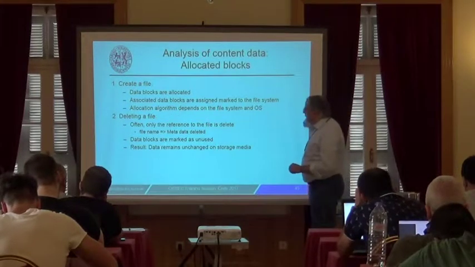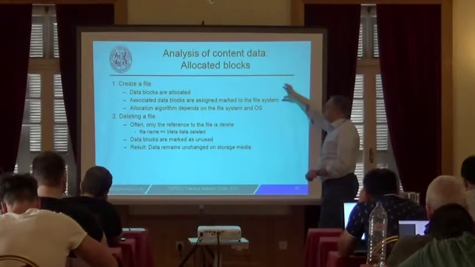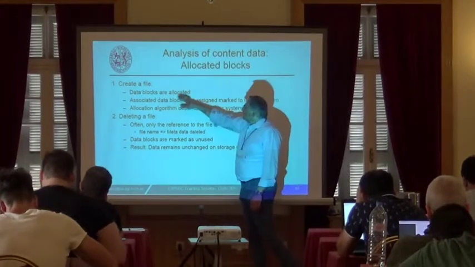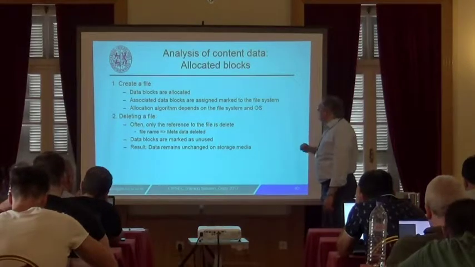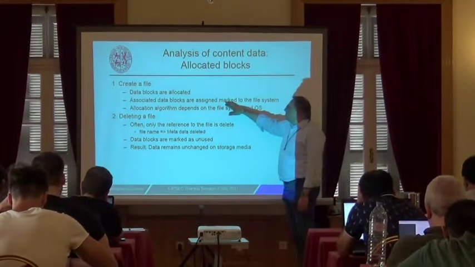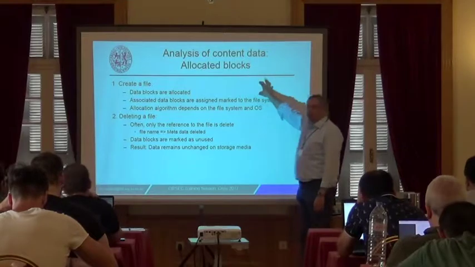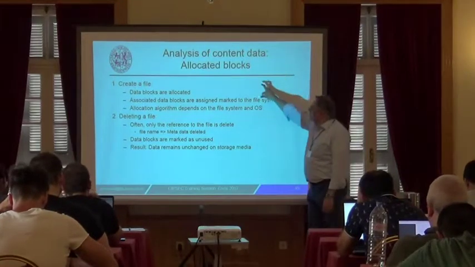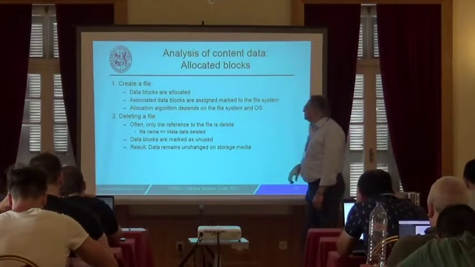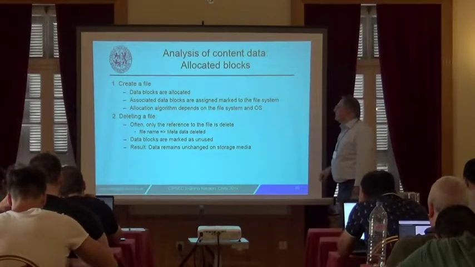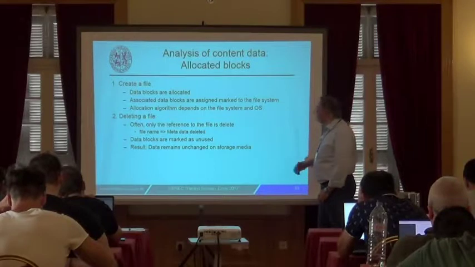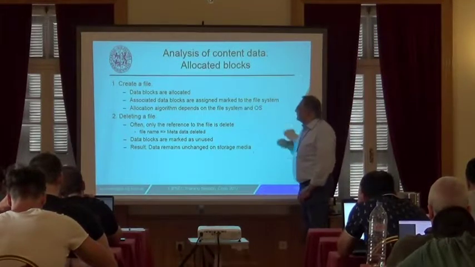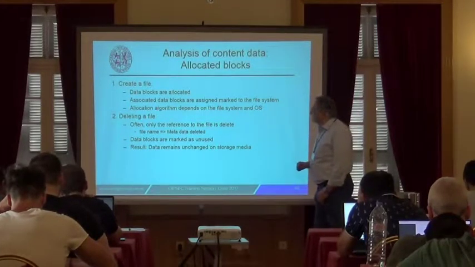Now, when you create a file, you have a bunch of data blocks allocated to it, and as the file grows, more data blocks are allocated to it. And when you take a block from the free list and you assign it to a file, you mark it as used, so the operating system does not use it for another purpose. And how you do that depends on the operating system and the file system.